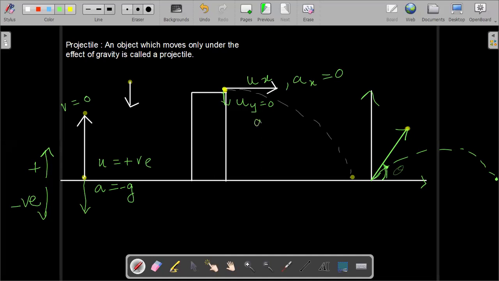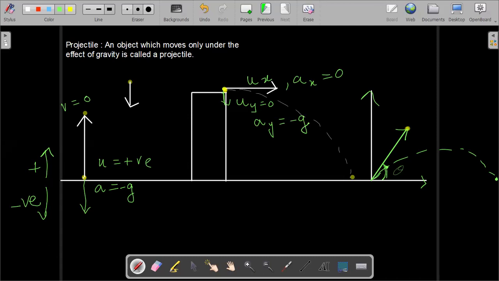similarly I get the acceleration along the y direction. What will be the acceleration along the y direction? Negative g. Why negative?